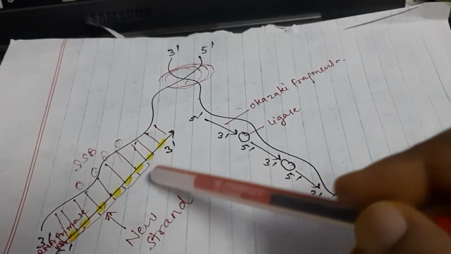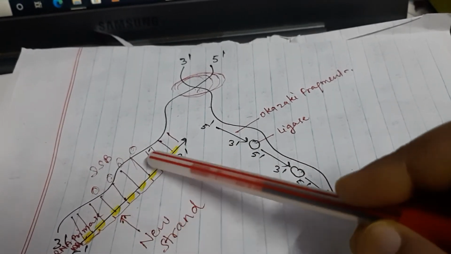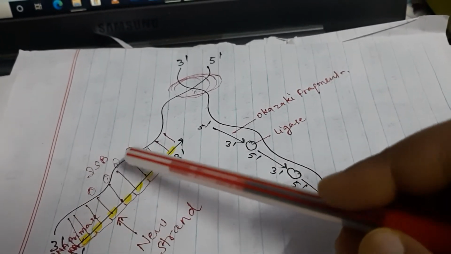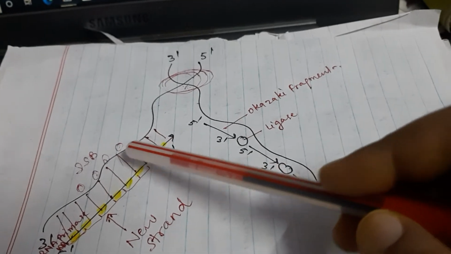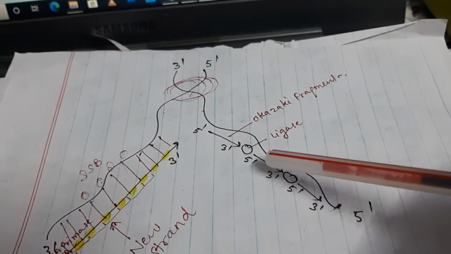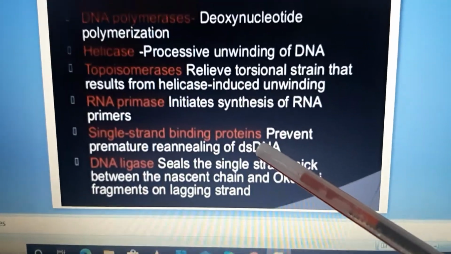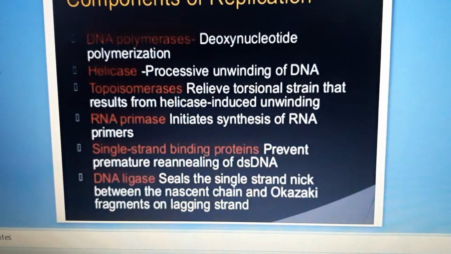It joins to keep them away from each other. If SSB protein is removed from this part, then the parent DNA strands will attach to each other and premature annealing of the DNA takes place.